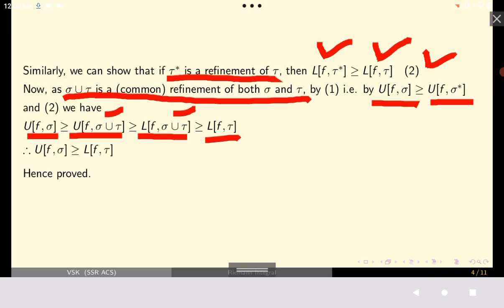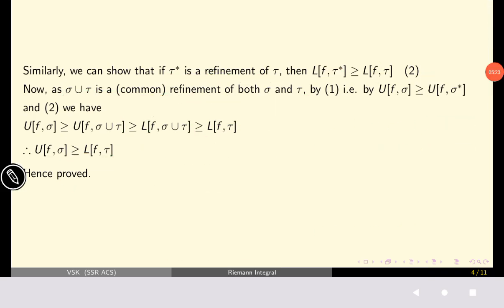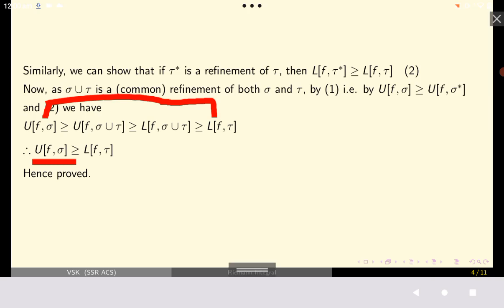So we have the first one and the last one. From this one to this one, we see that the upper sum with respect to sigma is always greater than or equal to the lower sum with respect to tau. Hence, this theorem is proved.